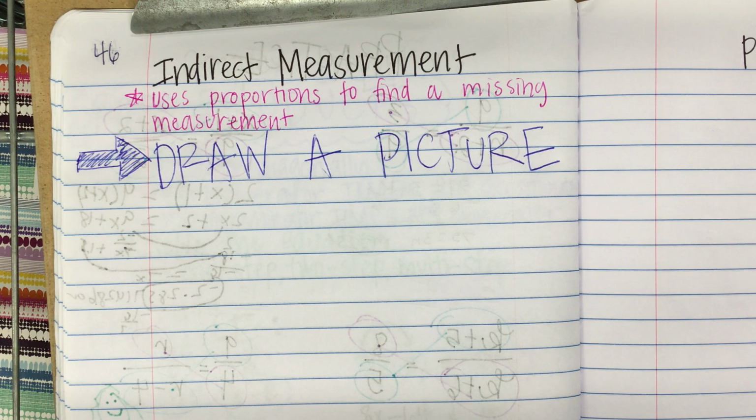Drawing a picture is the big clue to solving these problems. So, for example, these types of questions are actually pretty popular across math. They're used a lot as example problems because people kind of remember them.